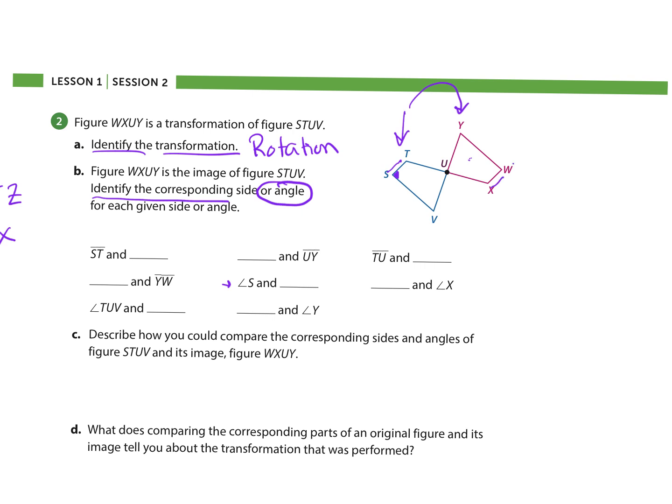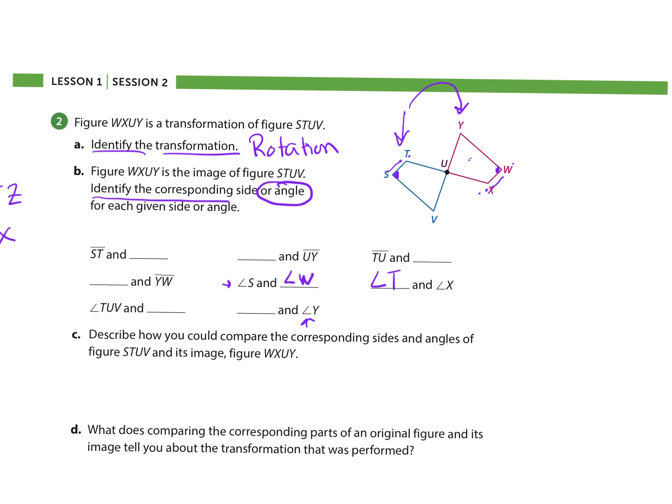So it's going to be angle W, or it's going to be angle X, and this is the smaller of the 2 angles, so it's going to be angle W that is the corresponding angle, so I'll put angle W. And angle X is going to be the other one, that's going to be angle T.